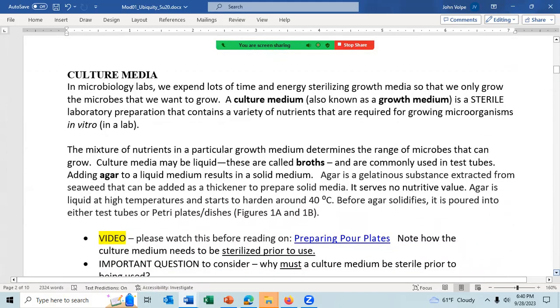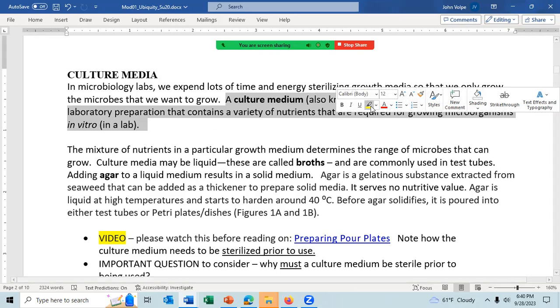So in microbiology, we will give you media which is sterile, meaning it has no living cells in it. And we call that a culture medium or a growth medium because we grow microbes in it. How we sterilize it is we usually put it in an autoclave, and that would kill all living cells, even endospores.